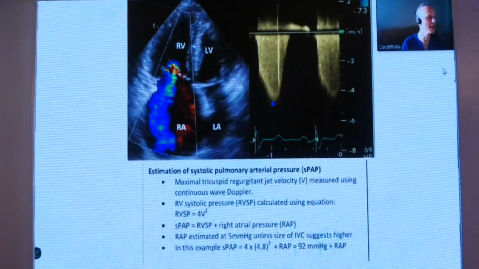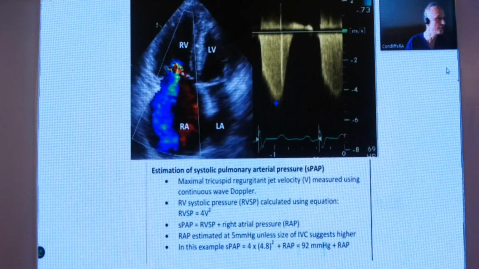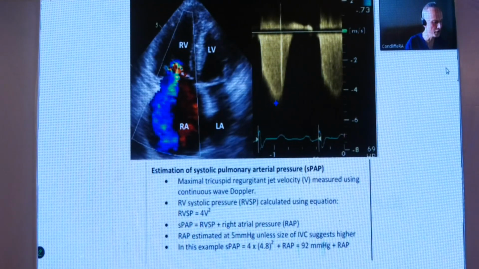Echocardiography is the main tool of use. It's always useful to know what you're getting back on your echo report. To estimate the pressure, this is based most commonly on the TR velocity. So this is severe TR from the right ventricle to the right atrium. You put your continuous wave Doppler, which gives you your velocity here.